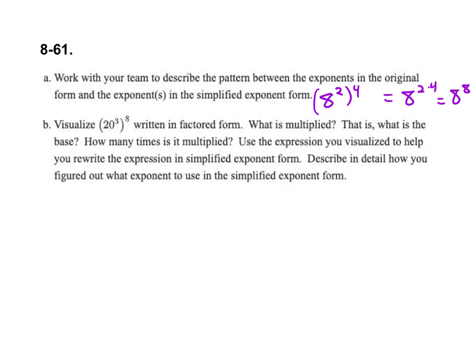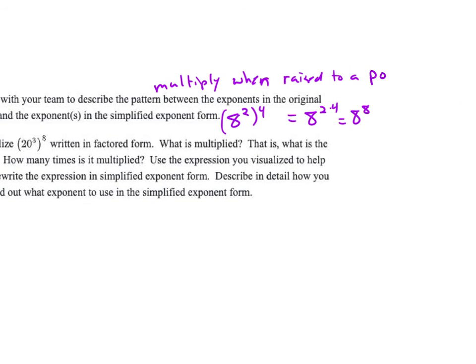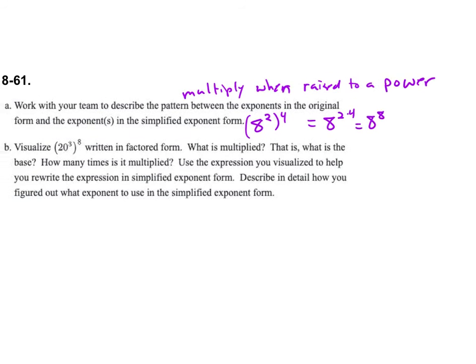So it's equal to 8 to the 8th power. So we multiply the exponents when they're raised to a power. And on the previous slide I said this, but we add when it's just bases being multiplied.